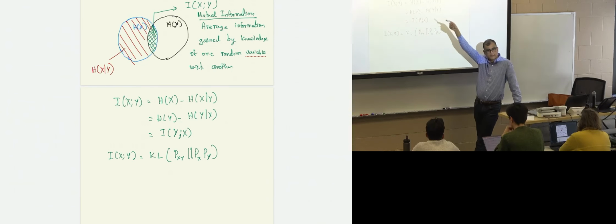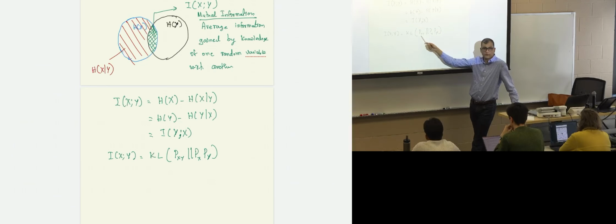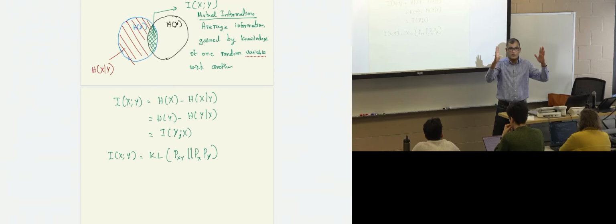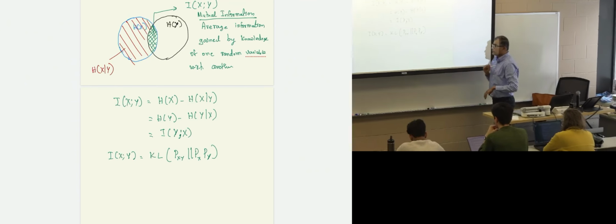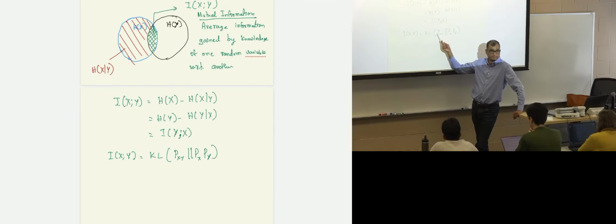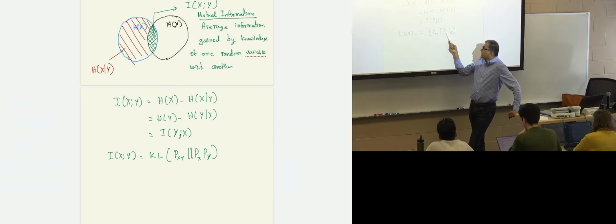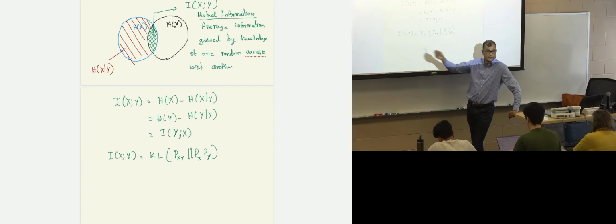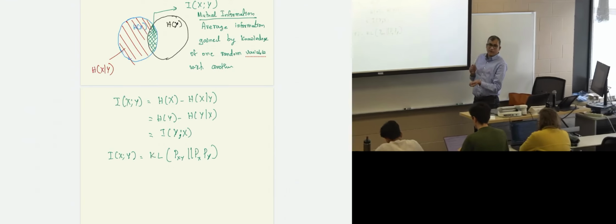Then you can design an optimal code for that joint distribution, and the average length of that code would be the entropy of the joint distribution. If you don't use the fact that x and y are dependent and you write separate codes for x and y, that will be suboptimal.